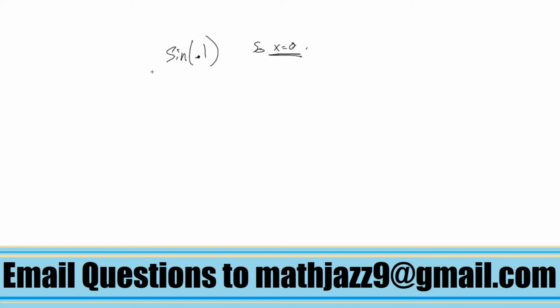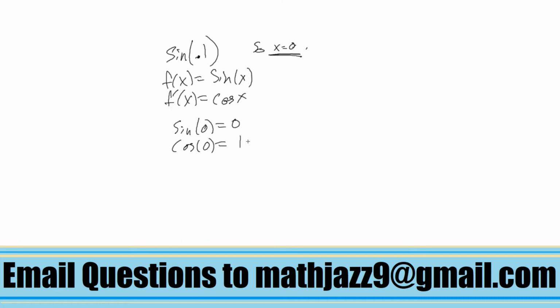So we take f of x equals sine x. We take a derivative, f prime of x equals cosine x. And then we plug in 0. Sine of 0 equals 0. Cosine of 0 equals 1. This is our point, this is our slope.